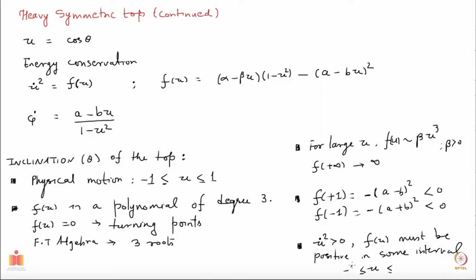Otherwise there is no solution possible. So it has to be positive somewhere. Maybe not the entire interval from -1 to 1, but in some interval it should be positive. Otherwise nothing makes sense.